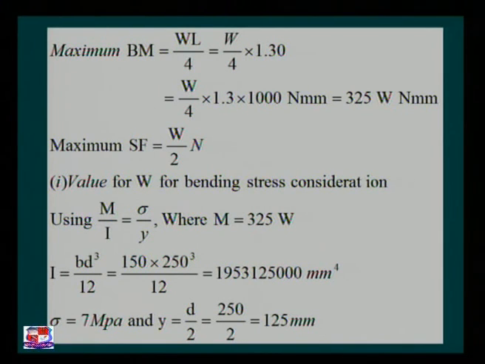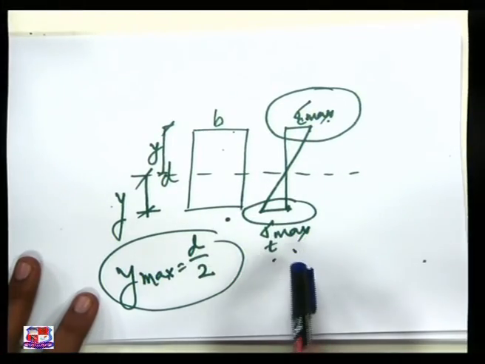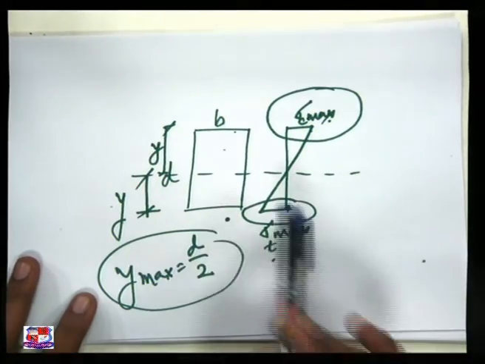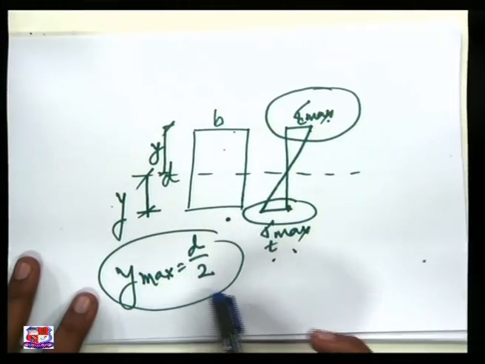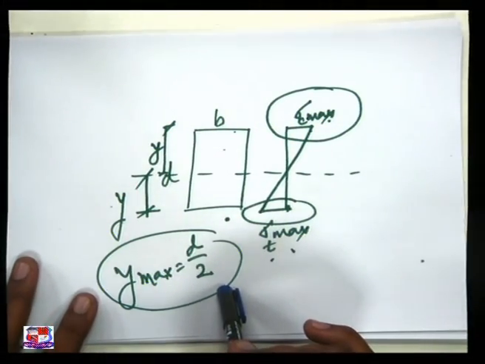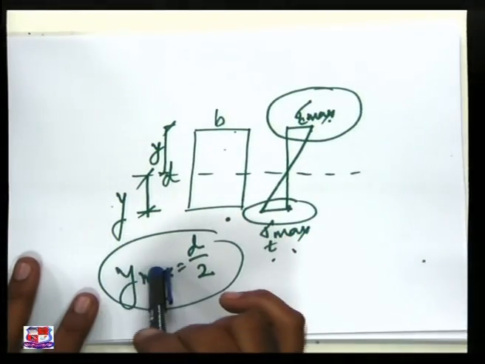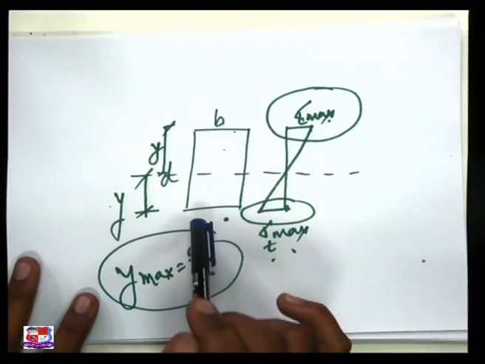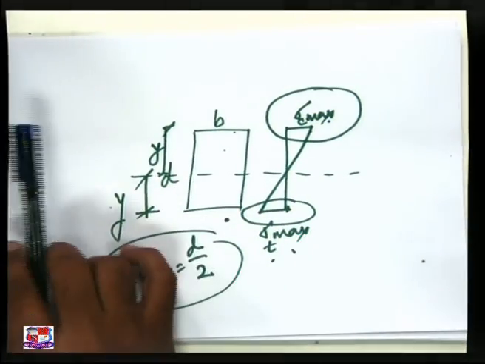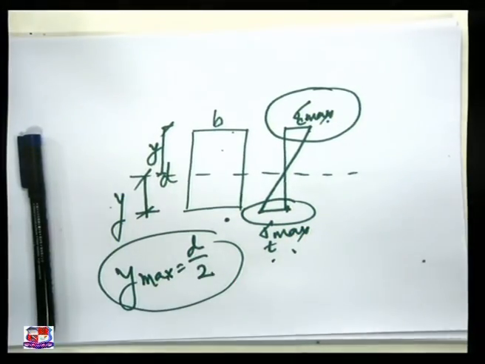Obviously, the maximum bending stress is permitted at the top and bottom fibers. For a rectangular section, Y max is D by 2. So here the Y max in this given problem is 250 by 2, that is 125 mm.